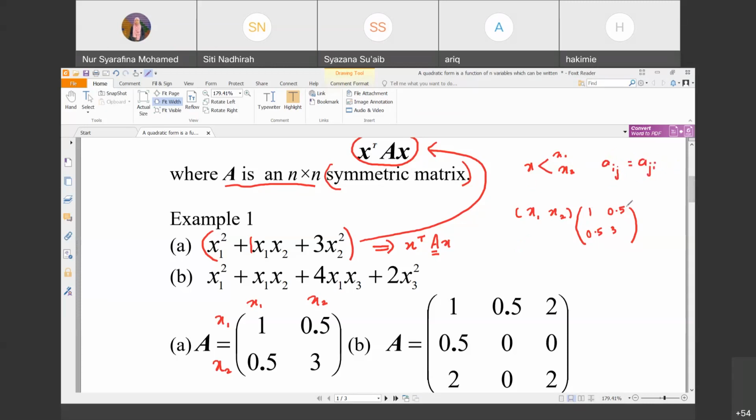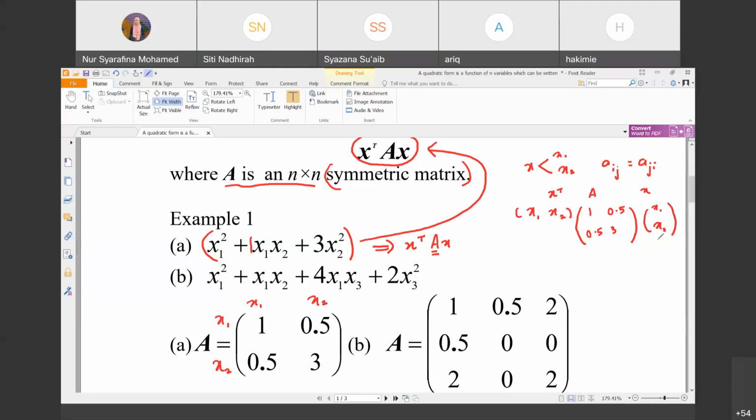This is A11, A22, but A12 and A21 are both equal. So now this is x transpose, this is A, and another one is x, x1, x2. If you expand this, you can get the function.